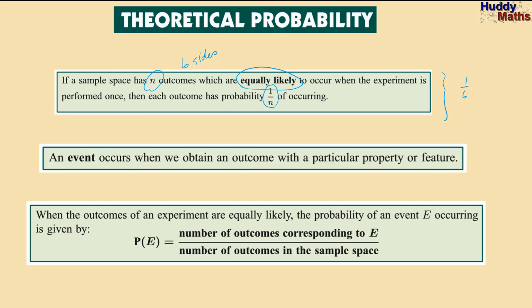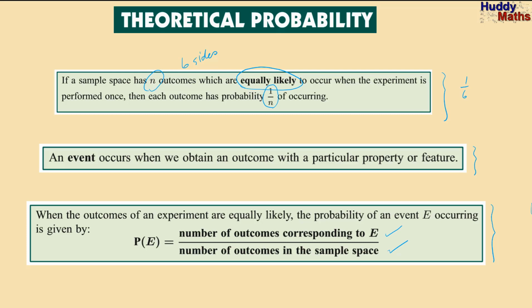An event, just remembering that word, is an outcome with a particular property or feature. We might want to roll a 3. So rolling a 3, or the outcome of a 3, would be the event we're looking for. And finally, going right back to earlier videos, if you know the outcomes of an experiment are equally likely, the probability of an event is the number of outcomes corresponding to what you want, divided by the total number of possibilities.